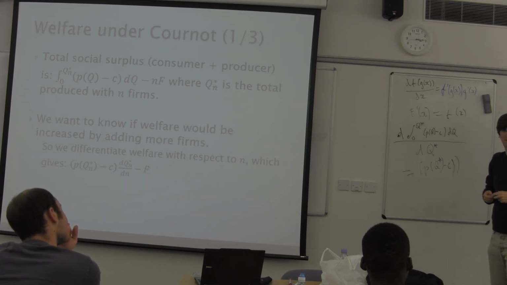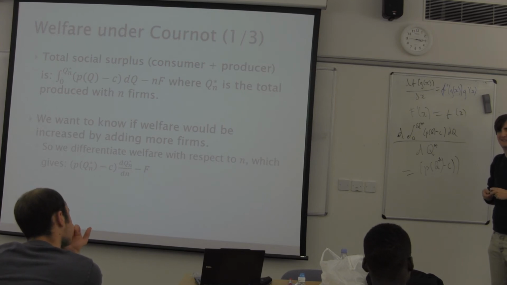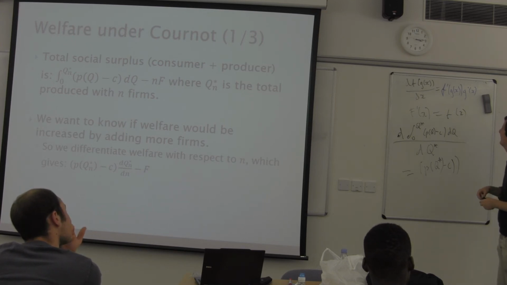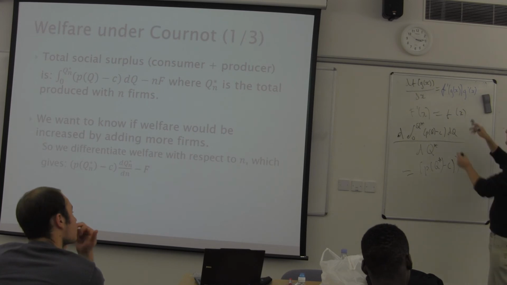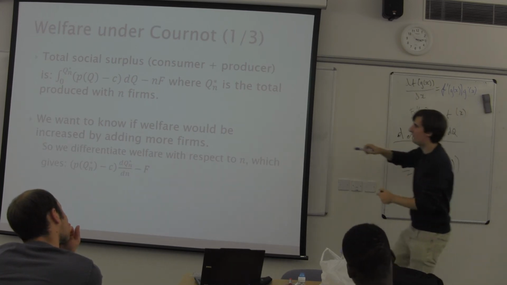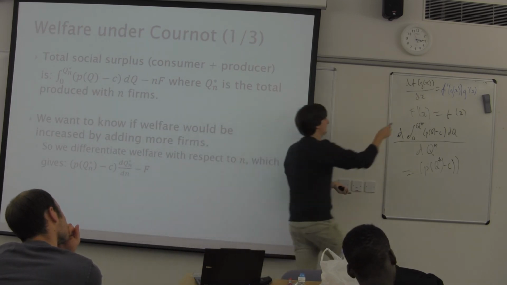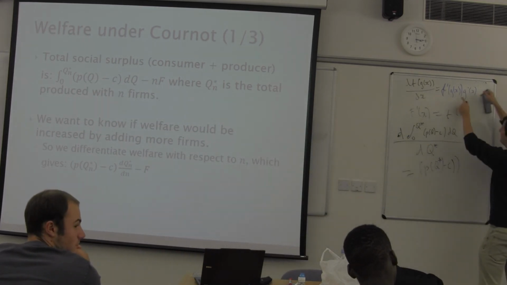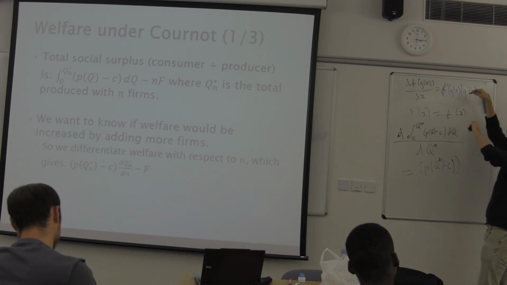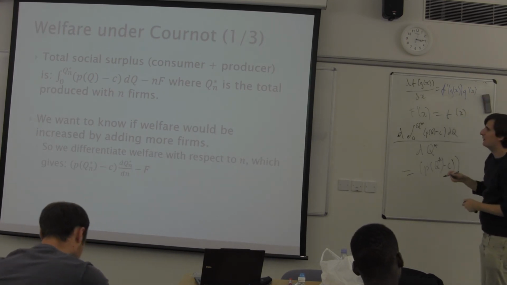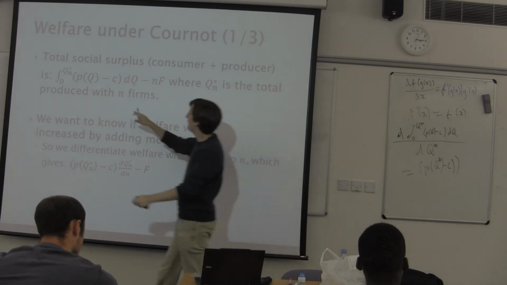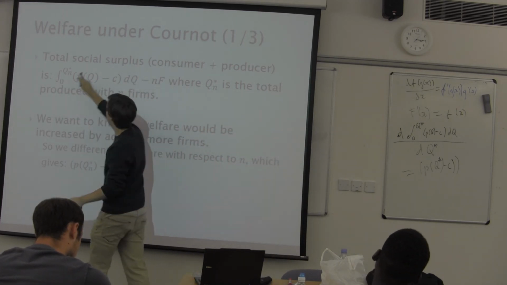The chain rule. You've seen this before. So we're going to apply the chain rule to this derivative. The chain rule is the derivative of the outside evaluated at the inside times the derivative of the inside. So here we want the derivative of all of this with respect to n.